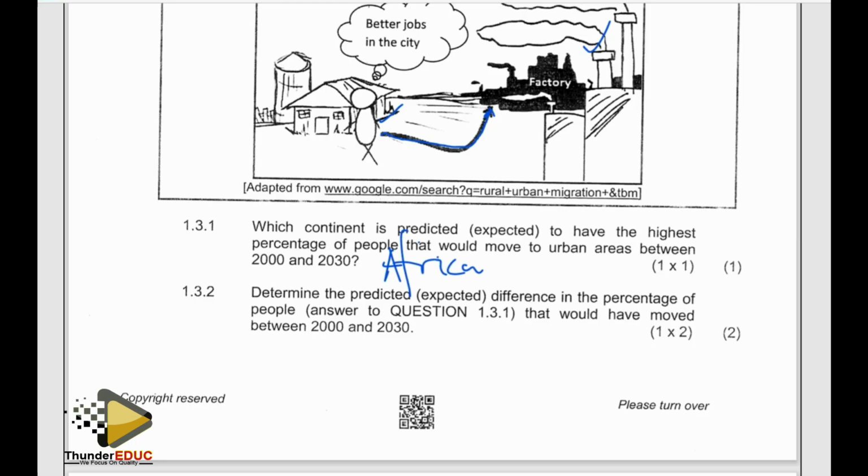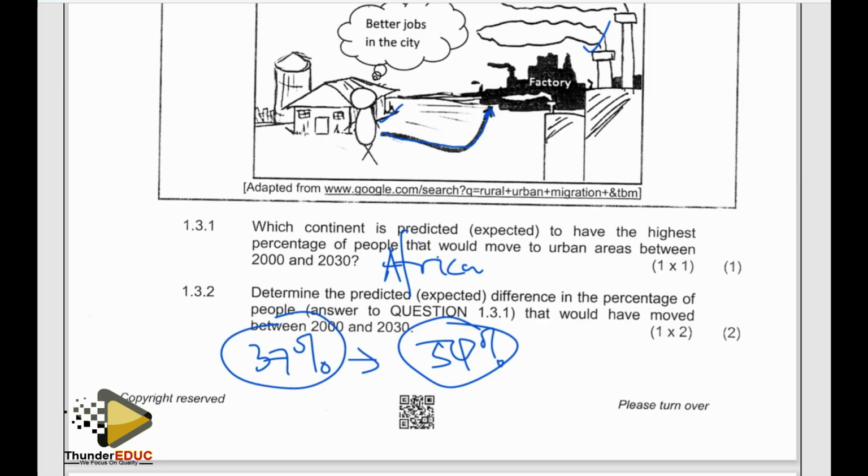Then determine the predicted or expected difference in the percentage of people of the answer above that would have moved between 2000 and 2030. So we are saying in 2000 it is 37% and it is going to increase to 54%. We want the difference between these two. By how much?